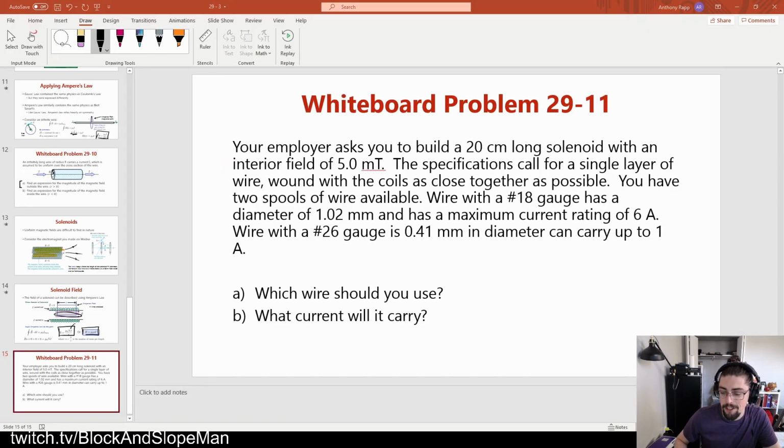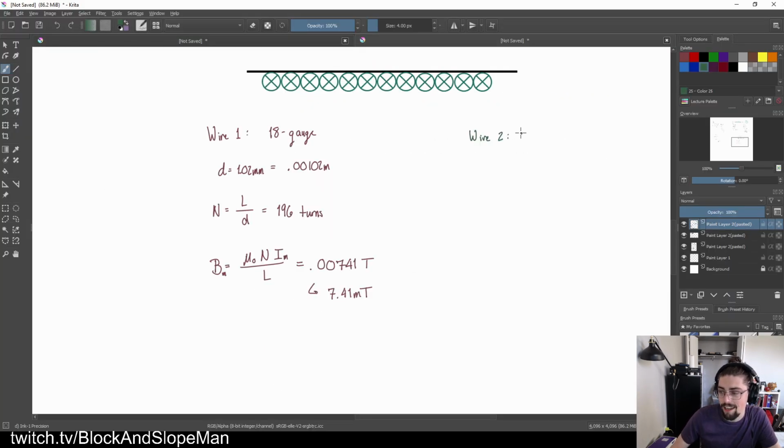So the second wire is our 26 gauge, and it's got a much smaller diameter of only 0.41 millimeters, or 0.00041 meters. Then we plug it in the exact same way. How many turns could we possibly get? That would be 488 turns.